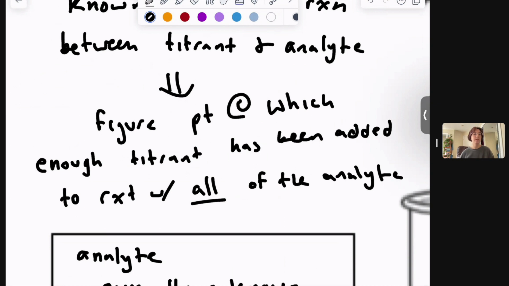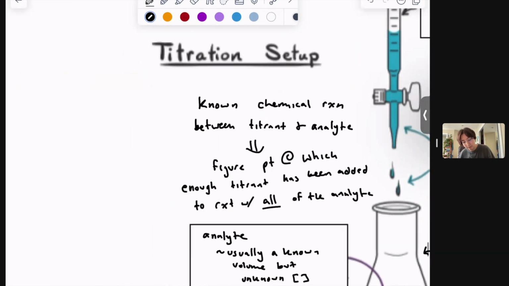Okay, so figure out that I've added enough that I've reacted with all of my analyte. Therefore, I will know exactly how many moles of titrant I added, and from my balanced equation, I can figure out exactly how many moles of analyte reacted, and I can figure out its concentration from that.